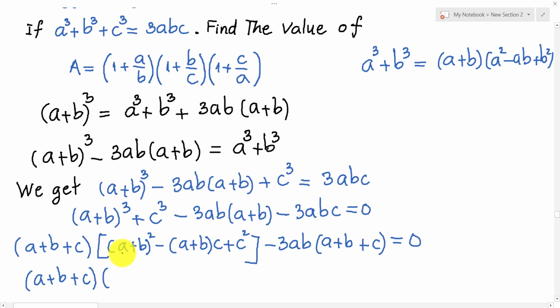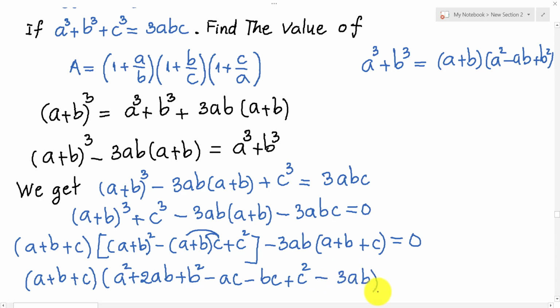We expand it: (a plus b) square is equal to a square plus 2ab plus b squared, and minus this, we expand it, so we get ac minus bc plus c power 3, and minus 3ab equals 0.